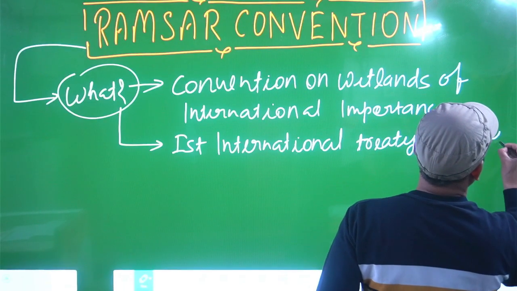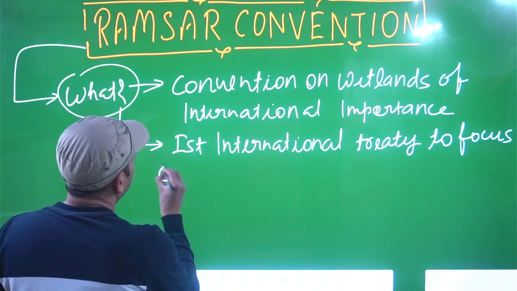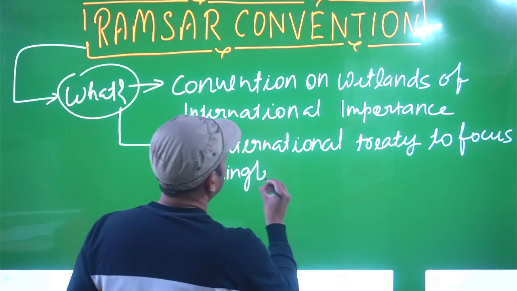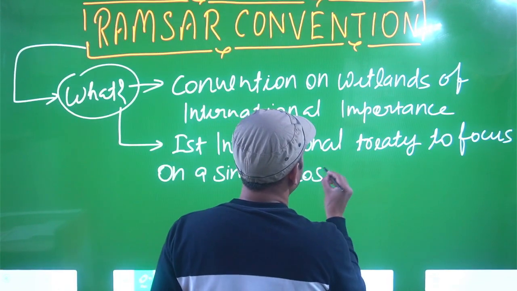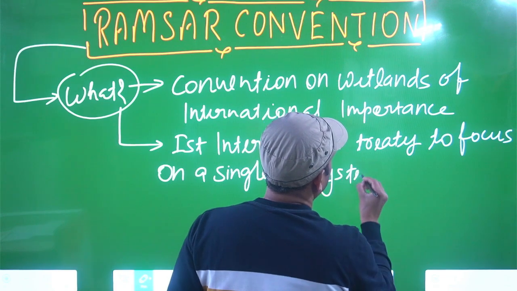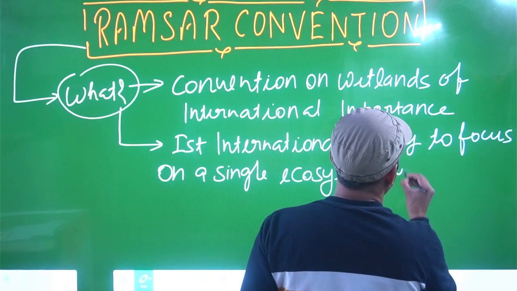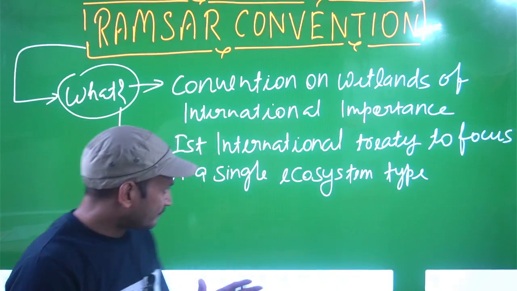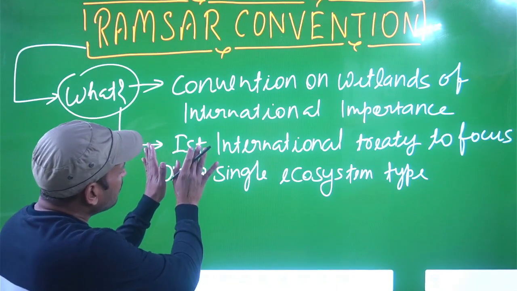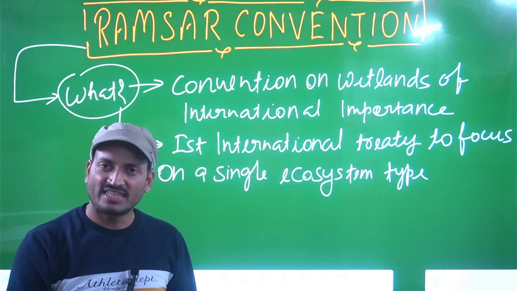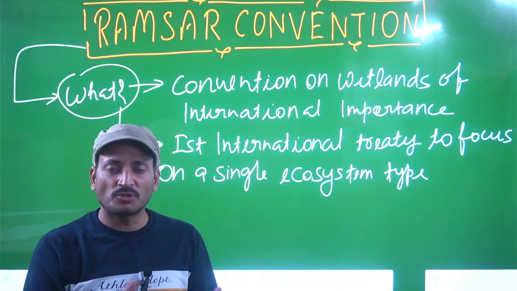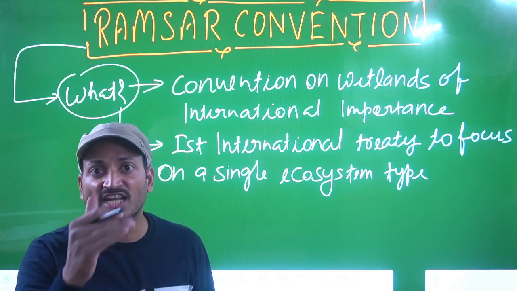Single ecosystem type. My friends, we have various other conventions and treaties, but they focus over multiple ecosystem types altogether, meaning more than one ecosystem.